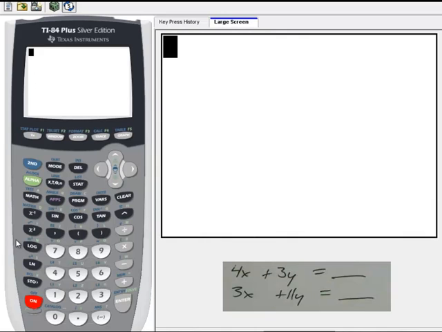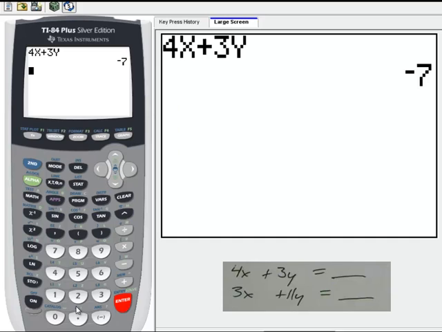Okay, here at the calculator, the left-hand side of that first equation is 4x plus 3 alpha y and enter. Negative 7. Okay, that is the same as the original equation. Good.